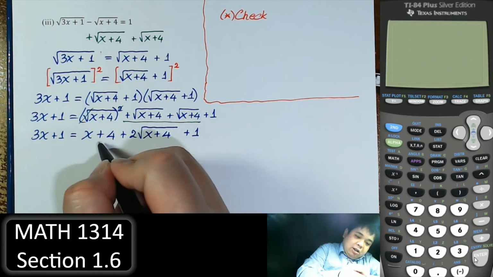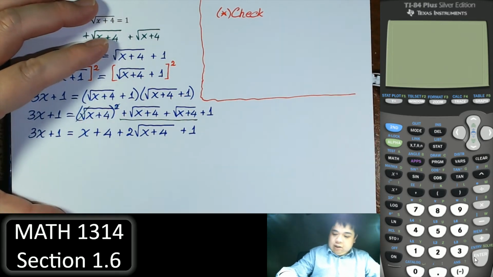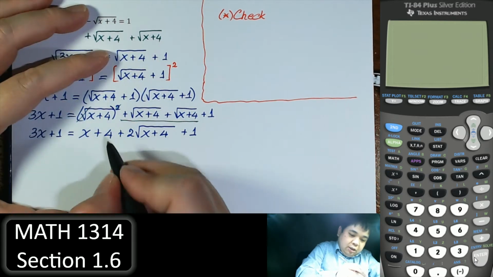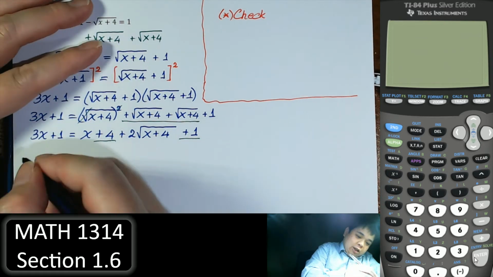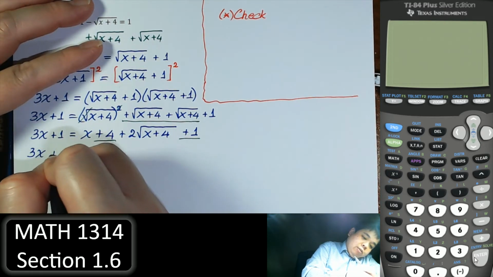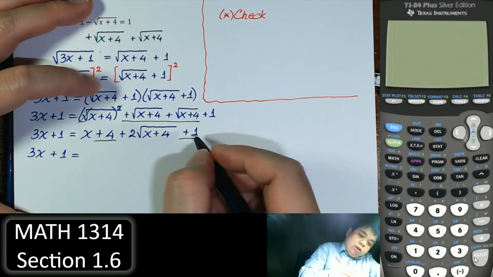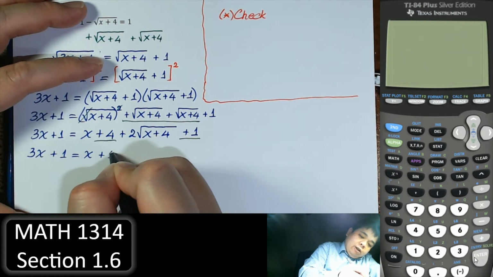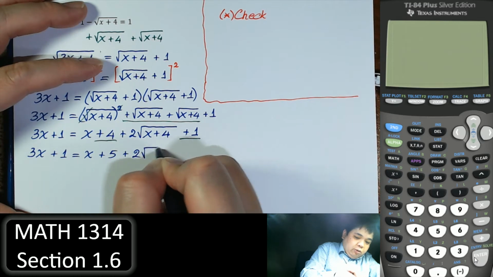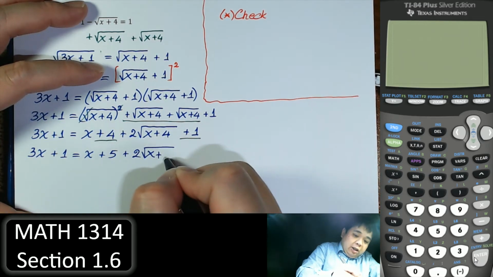Now combine like terms again. Here's a 4 and 1. So we have 3x plus 1 equal to x plus 5 plus 2 times the square root of x plus 4.